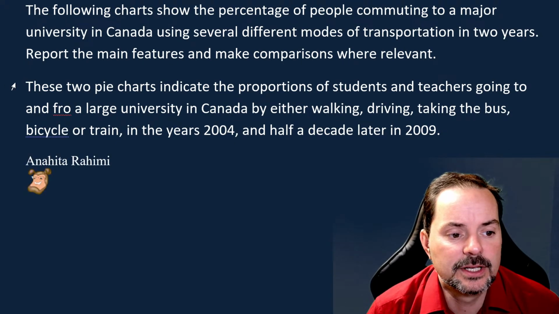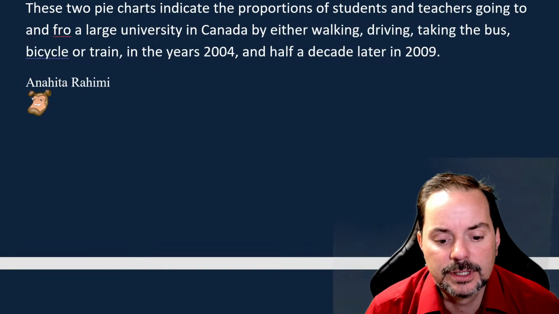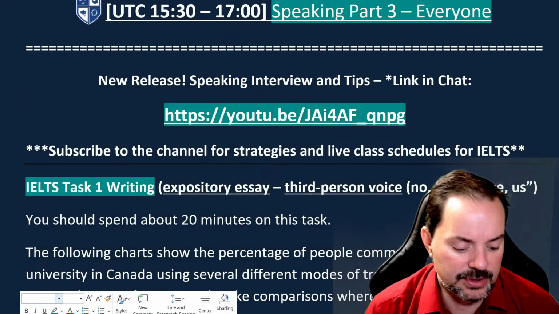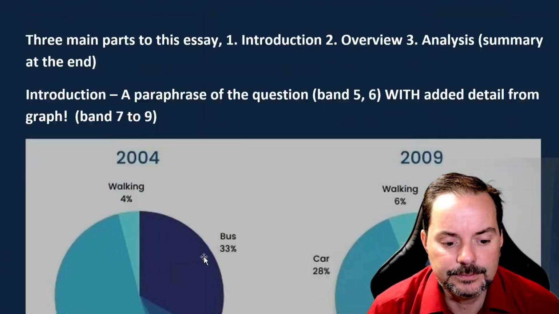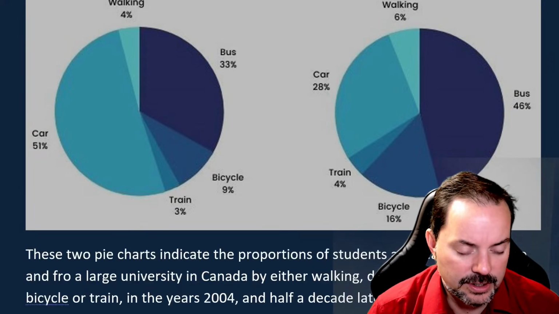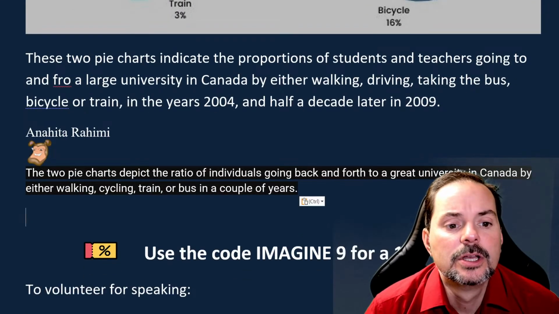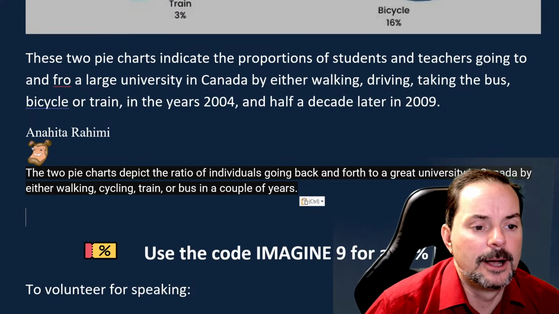Okay, Anahita has this introduction for us. We'll take a look at this, Anahita, in just a moment. I'm going to actually grab the introduction now that I have it and put it underneath the pie charts. So here we go.